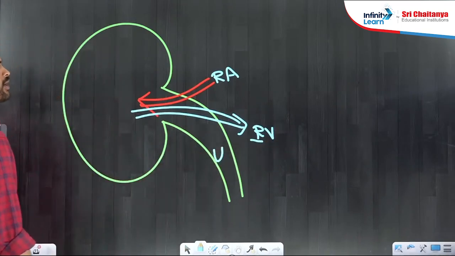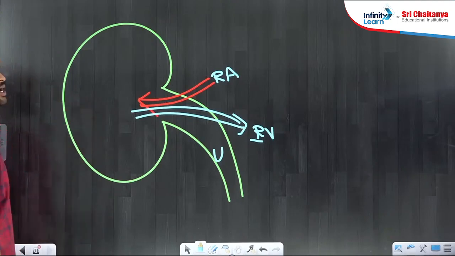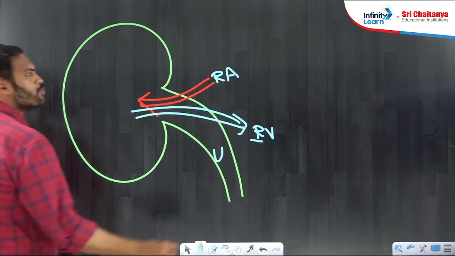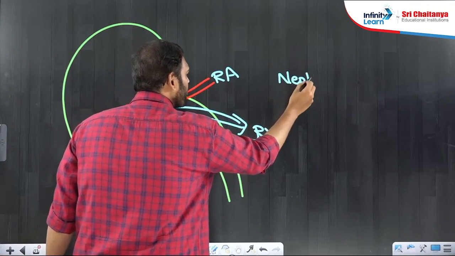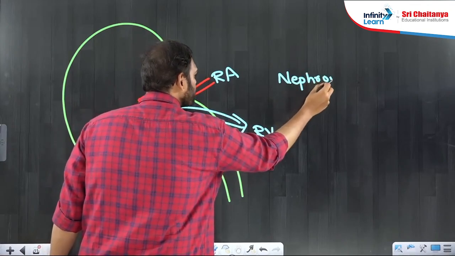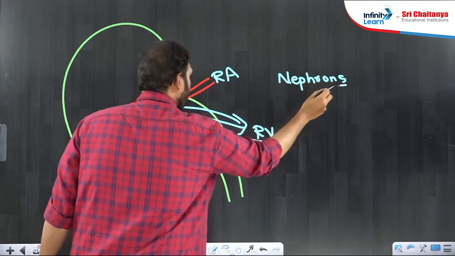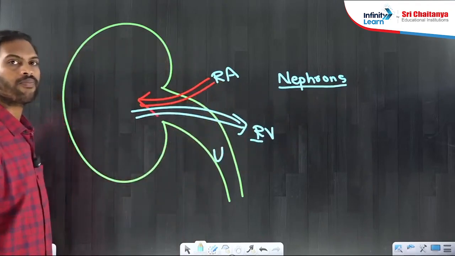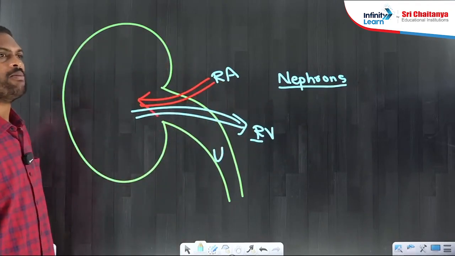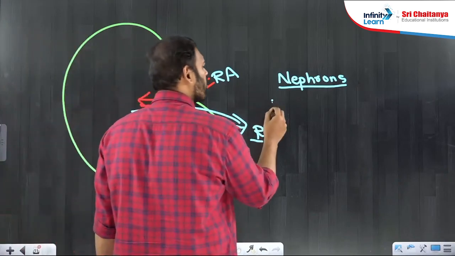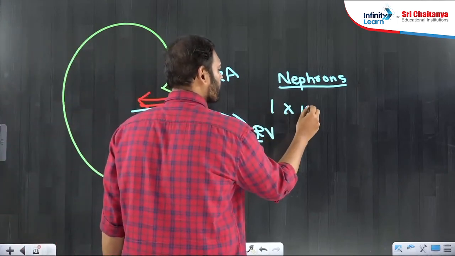And each kidney consists of many tiny tubular structures known as nephrons. You are very familiar with this term, right? Isn't it? Nephrons are found inside kidneys.